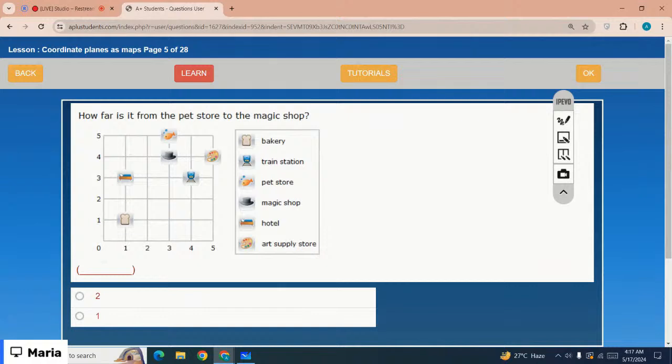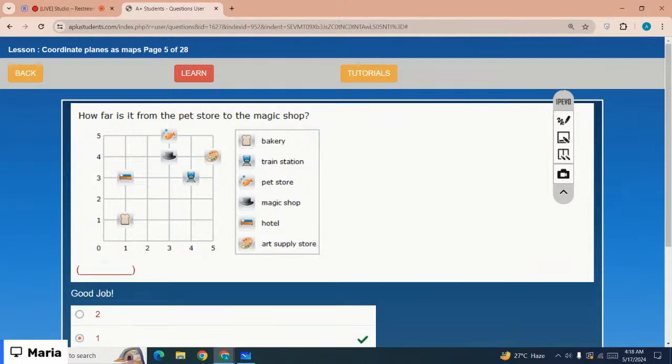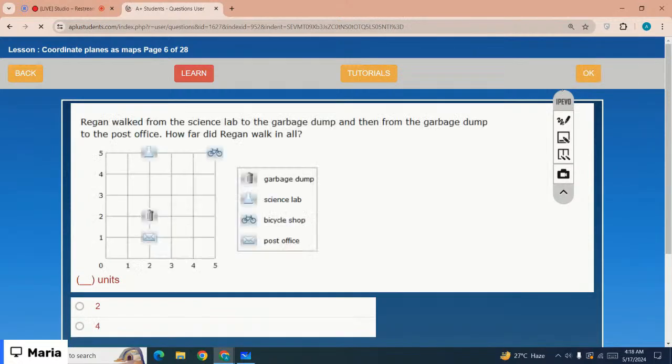How far is it from the pet store to the magic shop? Pet store. Yes, just one. The correct option is one. Reagan walked from the science lab to the garbage dump and then from the garbage dump to the post office. How far did Reagan walk in all?